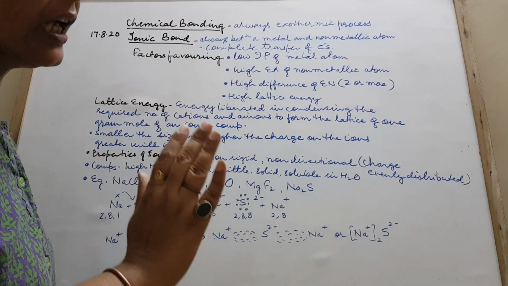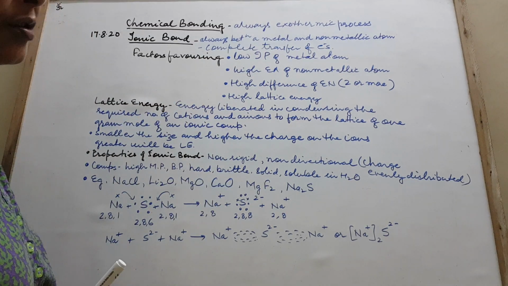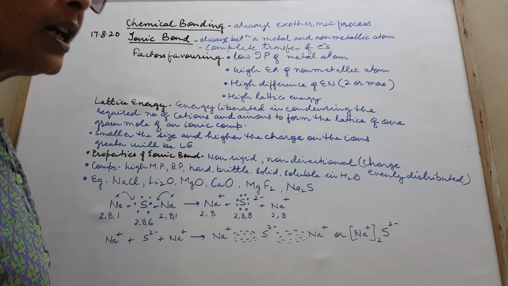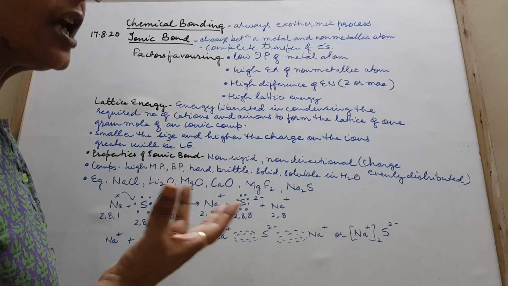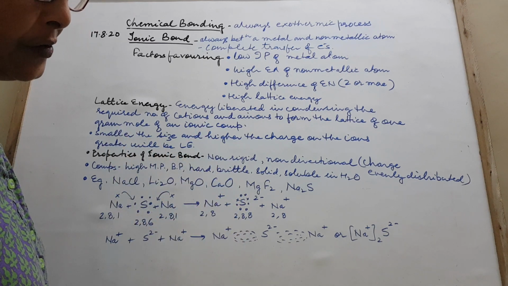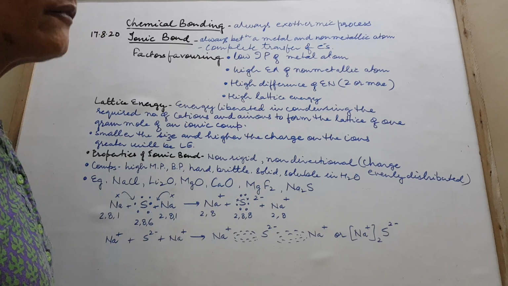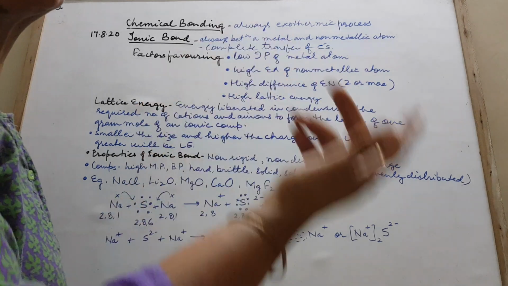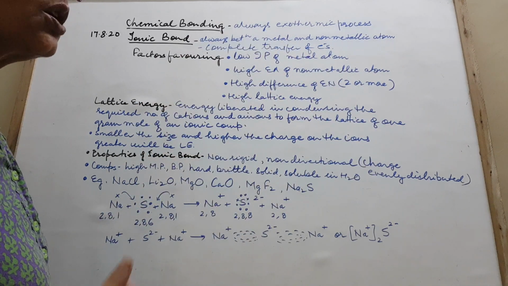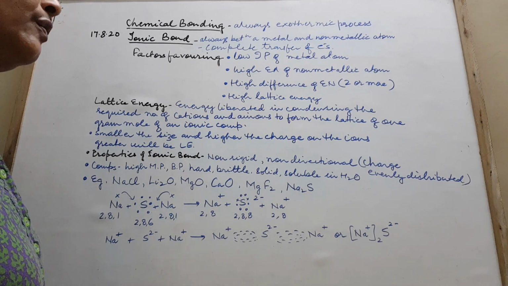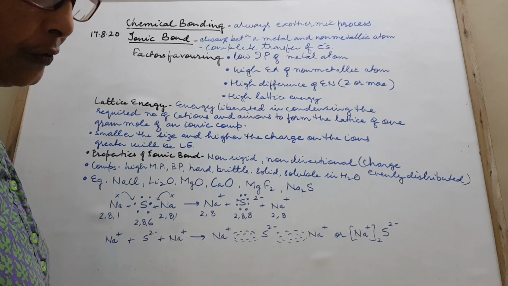That shows high EA. Then children, of the two combining atoms, where one has to be metal and the other non-metal, they should have a good difference of electronegativities. It is seen if the difference of electronegativities EN is 2 or more than 2, then only a good ionic bond is formed. The difference of EN should be 2 or above 2.